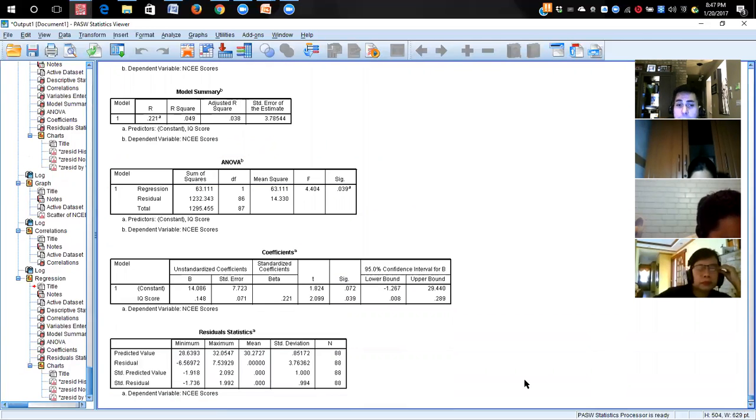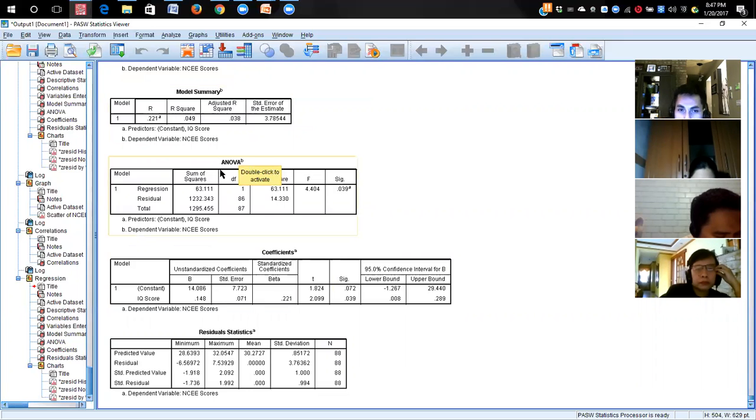So now this is the most important part, coefficient. This is what regression is all about. If I have a paper, and if I'm going to publish my result, I'm not going to tell the reader about the model summary, the standard error of the estimate.